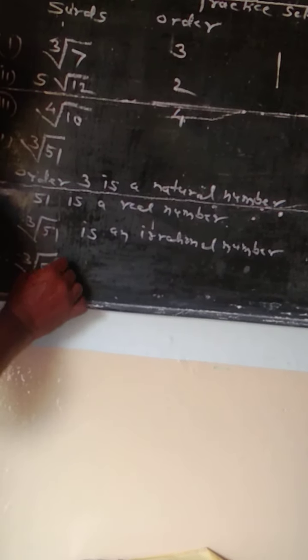See the second example from this: fourth root 16. Here, 4 is a natural number, and 16 is a real number.